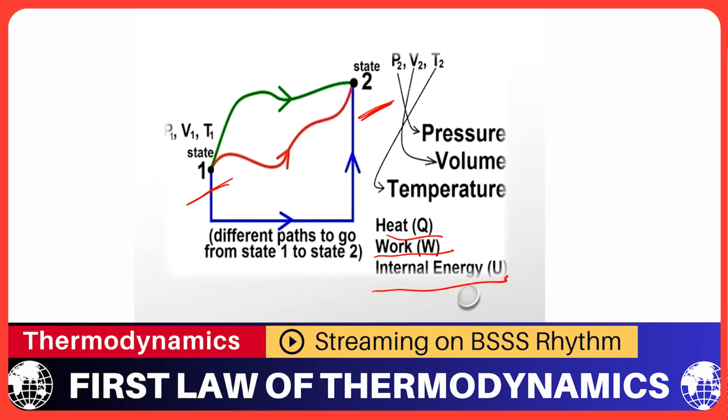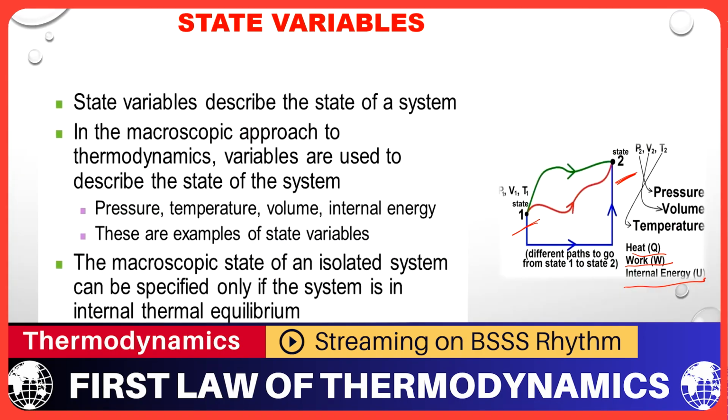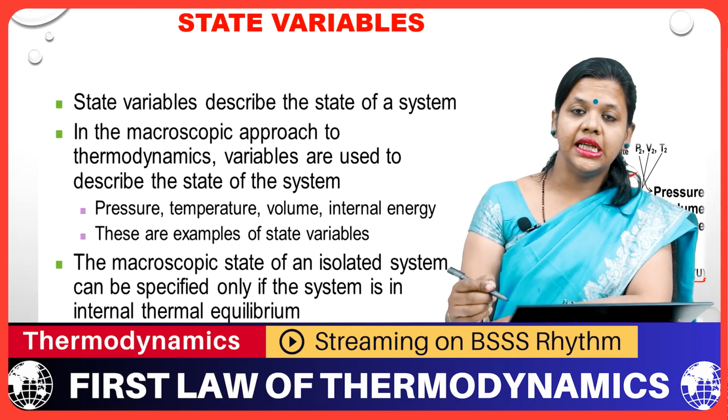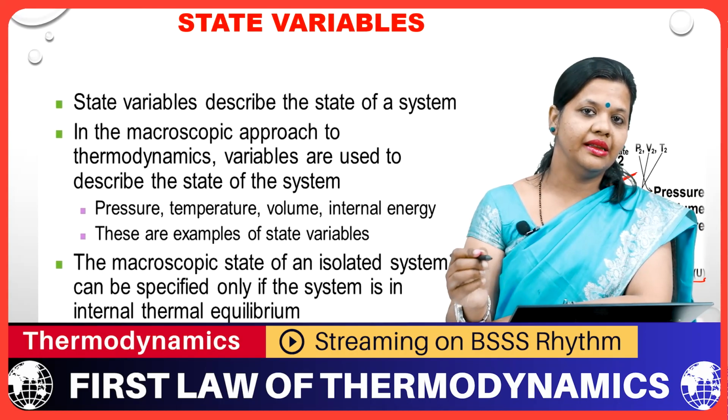As shown over here, it can follow a path represented by the blue line, the red line or the green line. Each path from the initial to the final state may be different, but the value which we finally obtain for these variables, that is internal energy, heat, work, will remain the same.